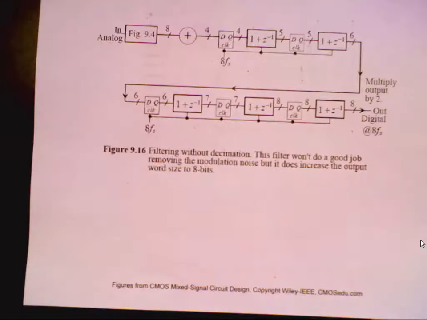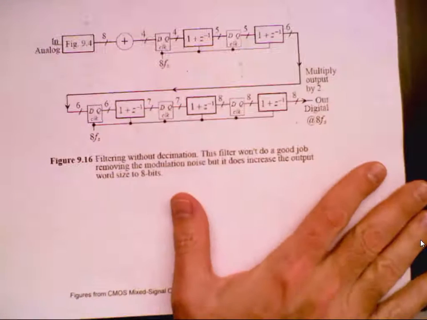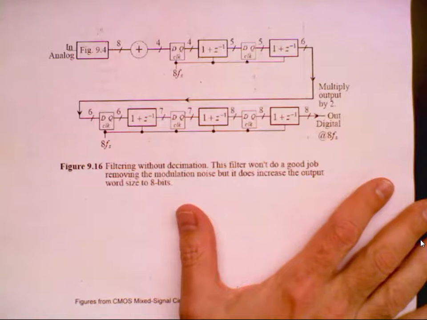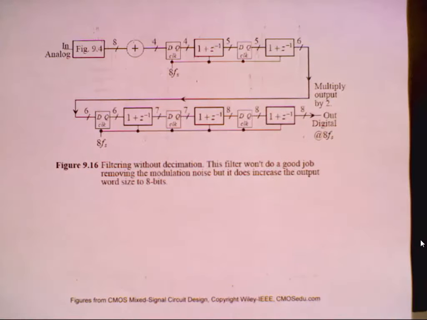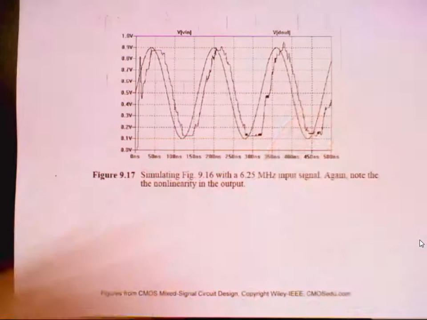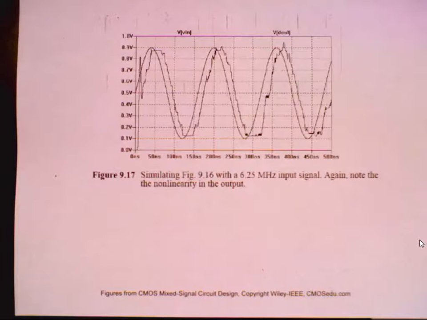Similarly, if I take the output and I just run it straight through the sinc response filter and my adder here without really paying attention to the bandwidth, am I going to remove the quantization noise? And the answer is no. You still have lots of noise, and you see that right here in the circuit.